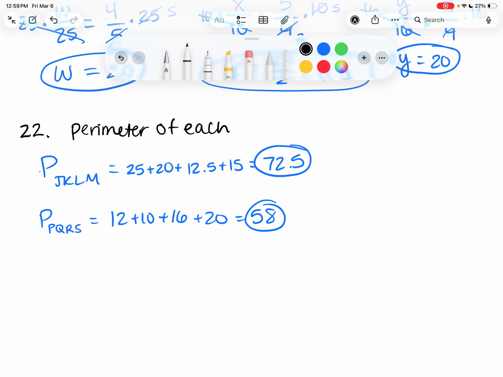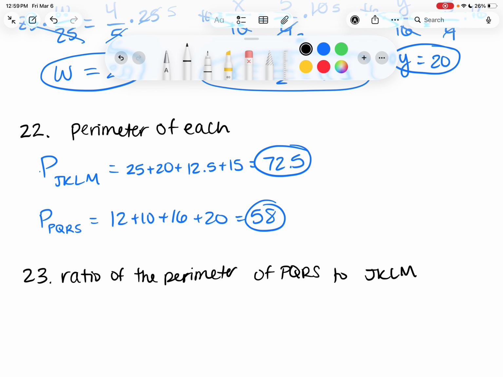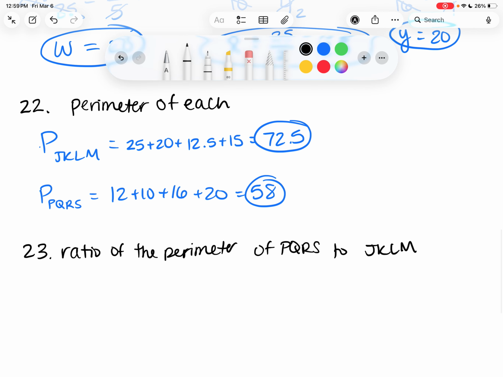So then 23 says to find the ratio of the perimeter of PQRS to JKLM. Kind of shortening it a little bit in how it's written. So that means that I would have 58 over 72.5, technically. Okay, I take the perimeter of PQRS and I put it over the perimeter of JKLM.